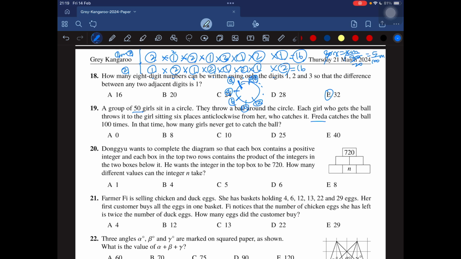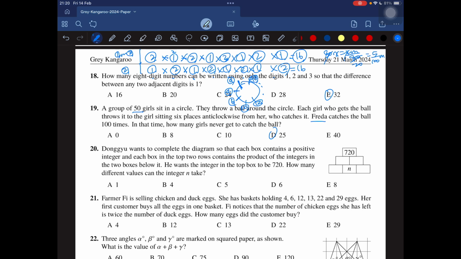But here, because it just keeps going around, I think the odd numbers have no chance to get the balls. Because if it is 100, it's going to be from 0 to 600, let's say.